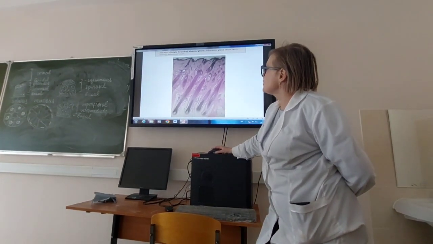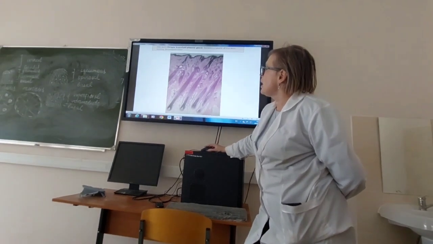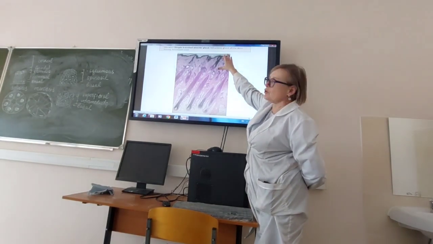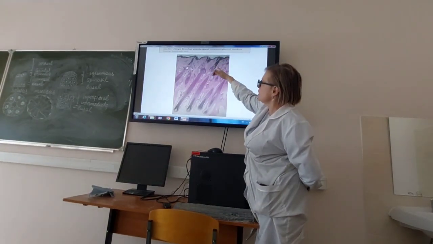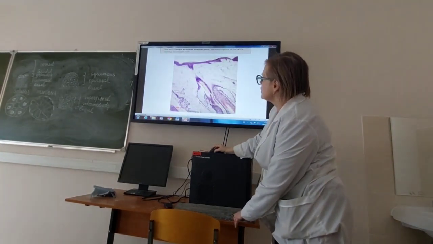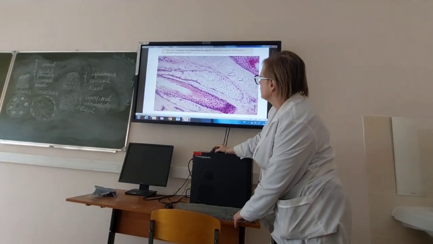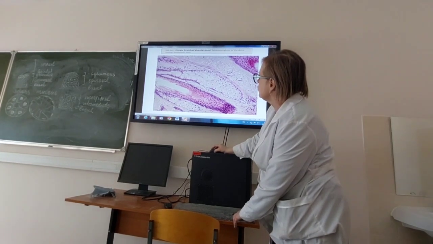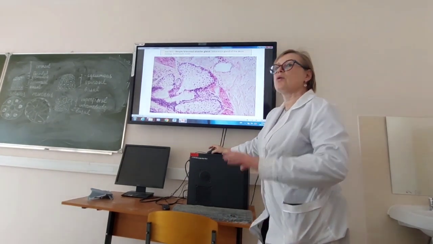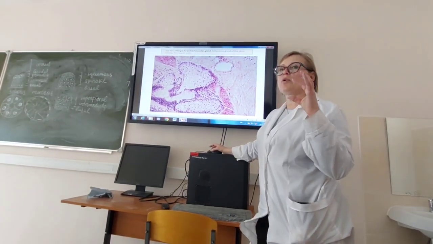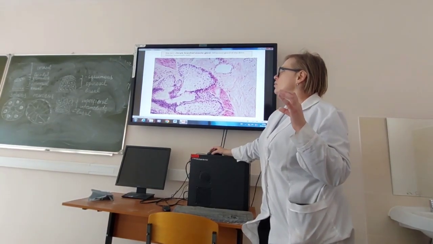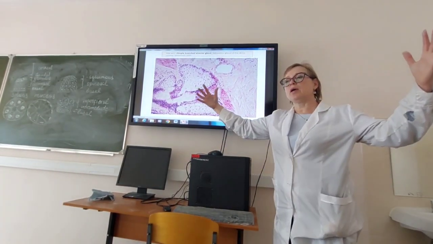For example, look at this hair follicle, and on the line that divides the first third of the hair follicle we can see a gland, and this gland consists of several lobules. Usually here we can see two, for example, here 1, 2, 3. So the secretory portion will be branched, and the shape of the secretory portion tends to be alveolar.